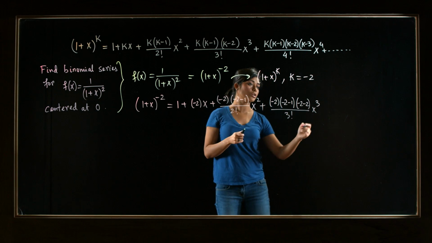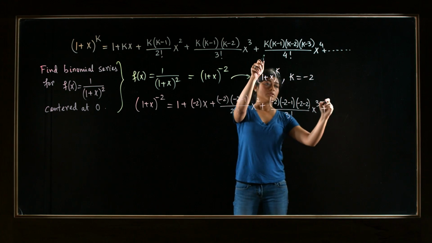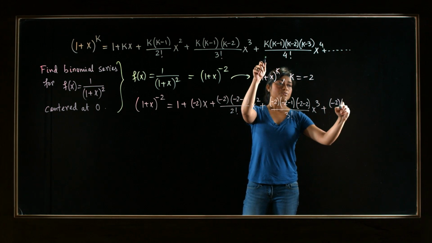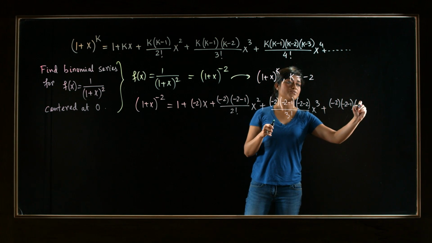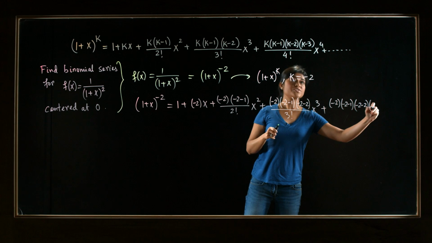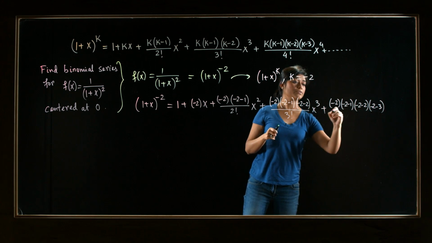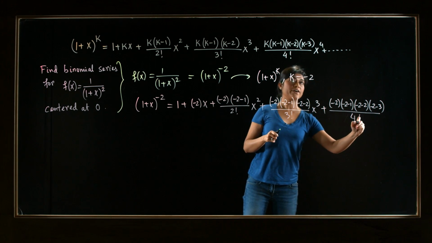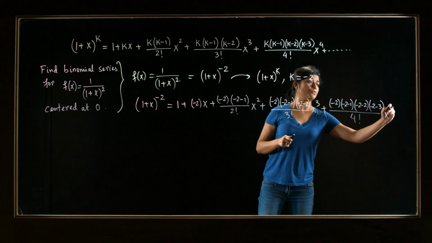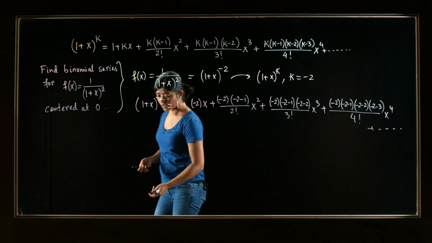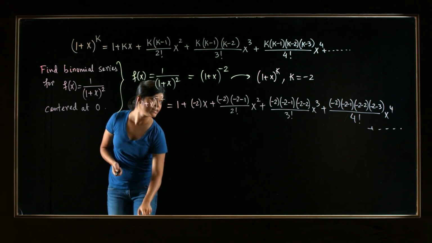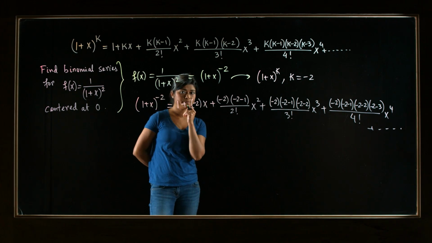Let's write down one more term: negative 2 times negative 2 minus 1 times negative 2 minus 2 times negative 2 minus 3 over 4 factorial, x to the 4, and then you continue because this is an infinite series.